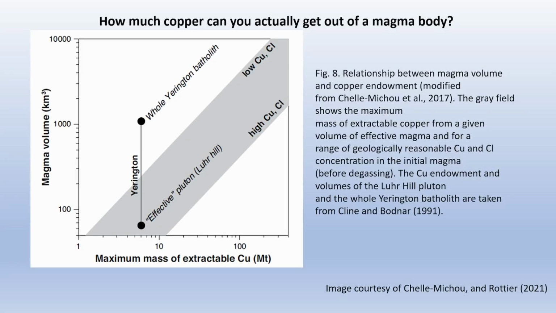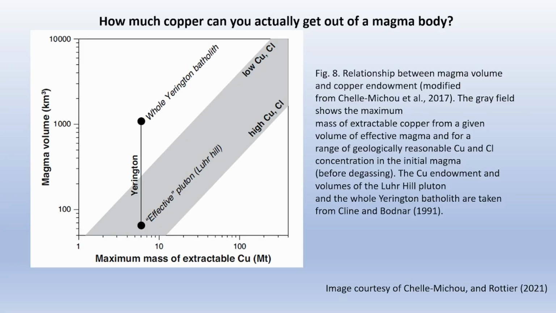It shows the range of extractable copper depending on how much copper and chlorine were in the magma to begin with. If you have high copper and high chlorine, we are on the lower right edge, and with low copper and low chlorine, we are at the upper left range.